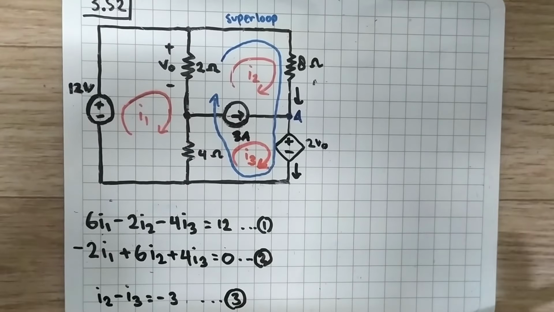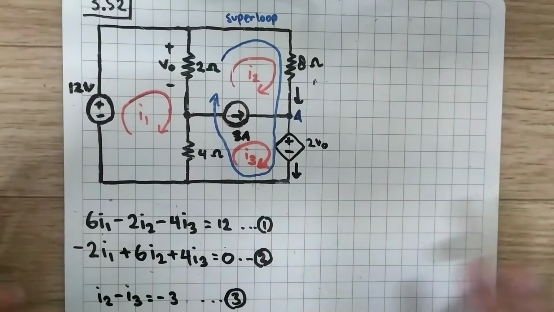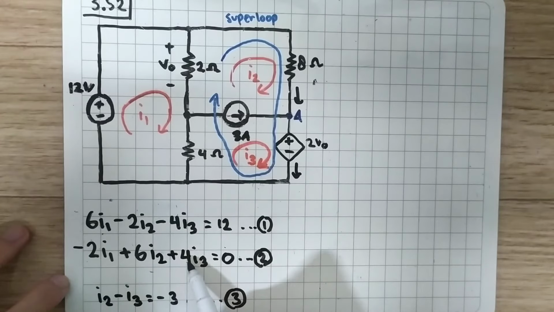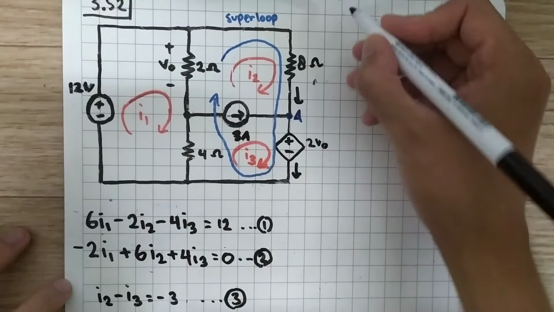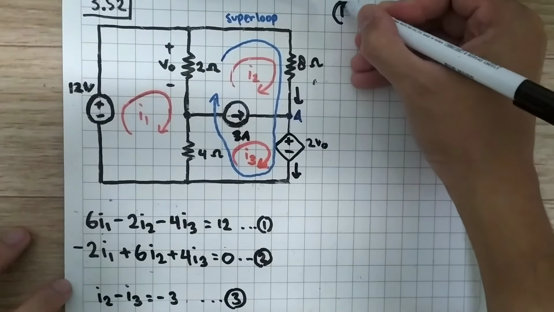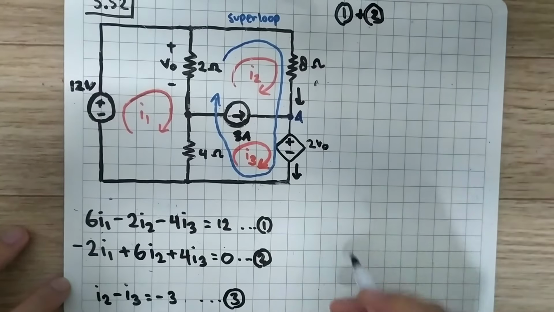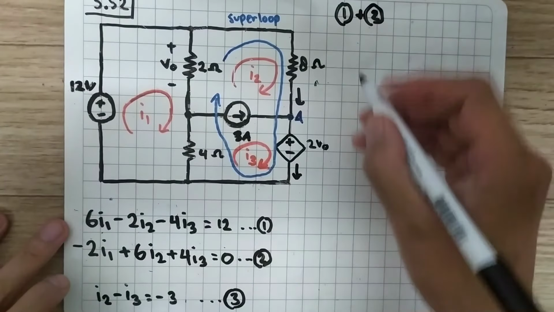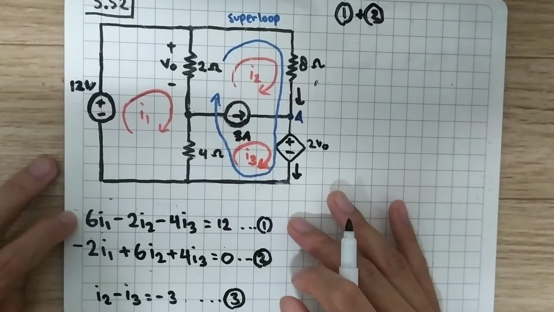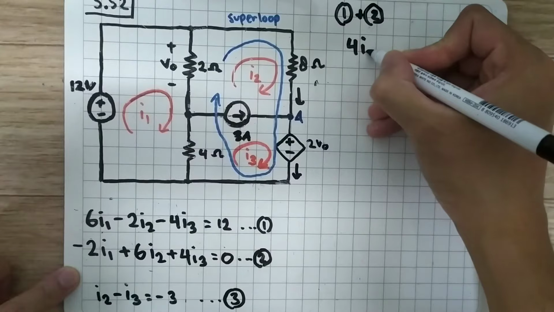Okay, so we have cleaned the board, and let's see what we can do about this system of equations. I see this minus 4 and 4, so I can eliminate I3 from there. Let's see, equation 1 plus 2. So I will have this one, 6 plus minus 2, it's 4 for I1.